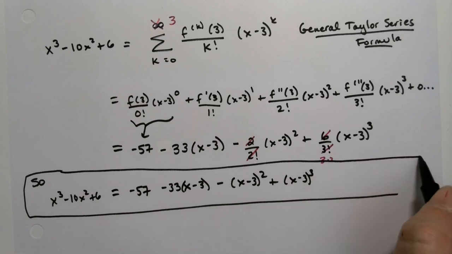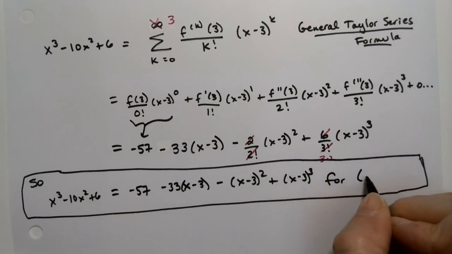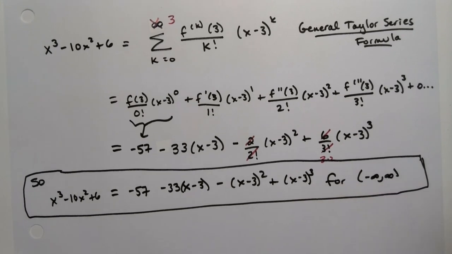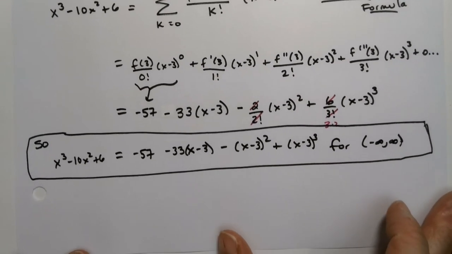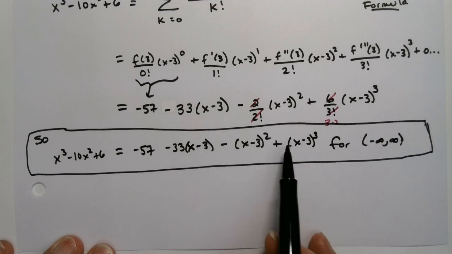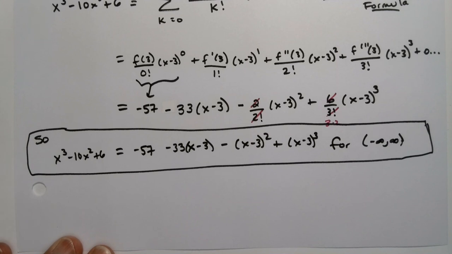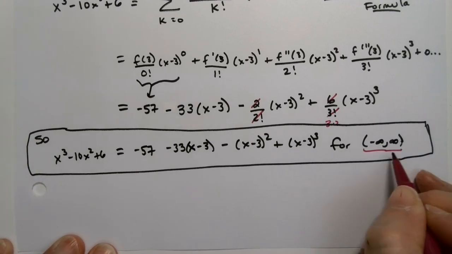And there's no need to work on the interval of convergence on this one. We actually know what it has to be. It has to be negative infinity to infinity, because they're the same function, right? This is like if I FOILed everything out and combined like terms. So this is happening because the two functions are equal.